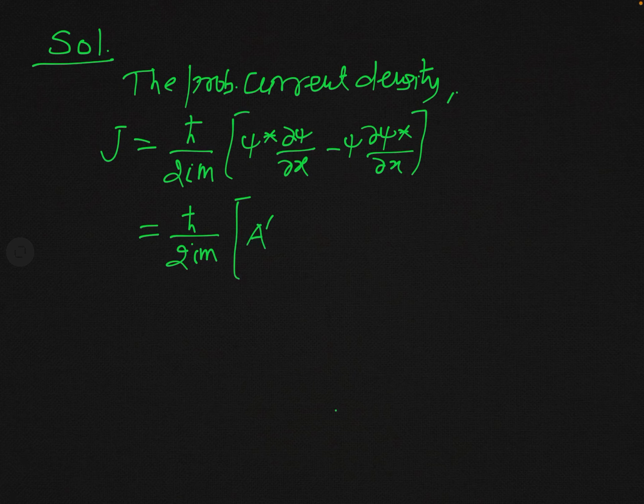So the complex conjugate of this function will be A star e to the power minus i over h cross times (px minus Et).